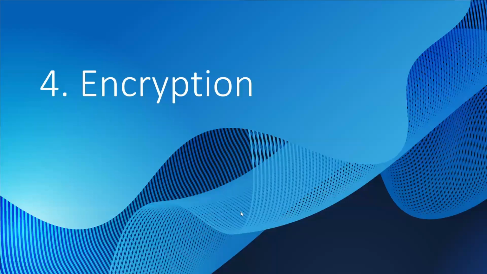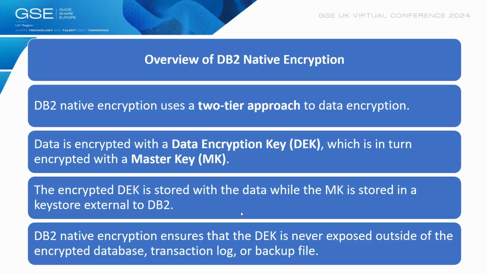Next important topic, encryption. We have Db2 native encryption, which uses a two-tier approach. Data is encrypted with a data encryption key, DEK, which is in turn encrypted with a master key.